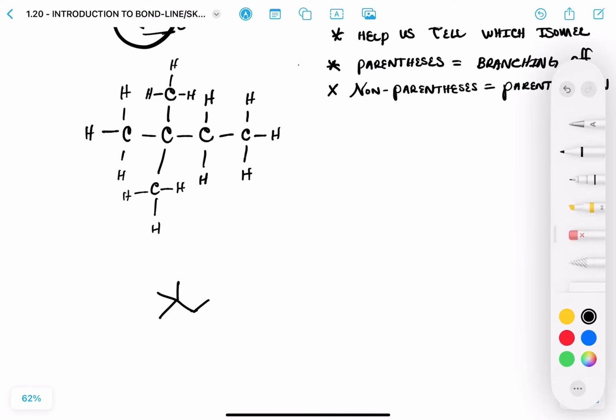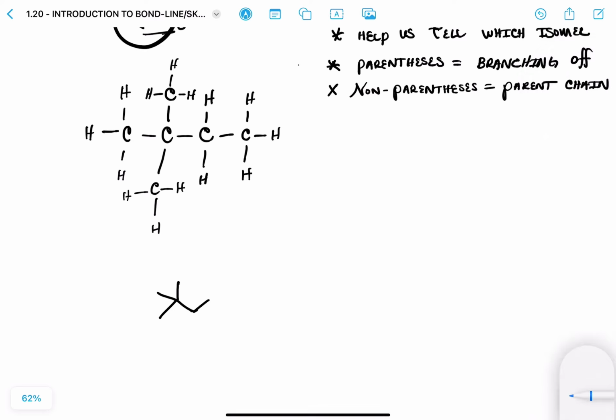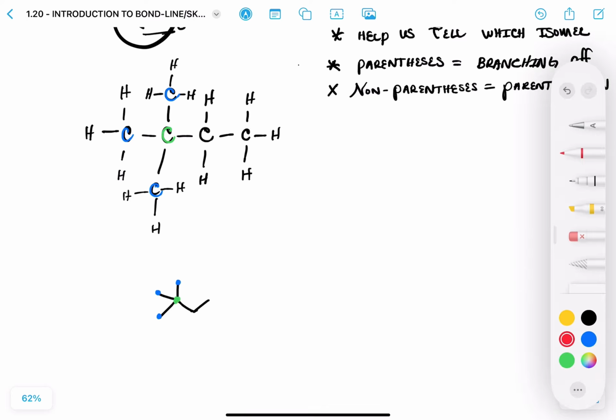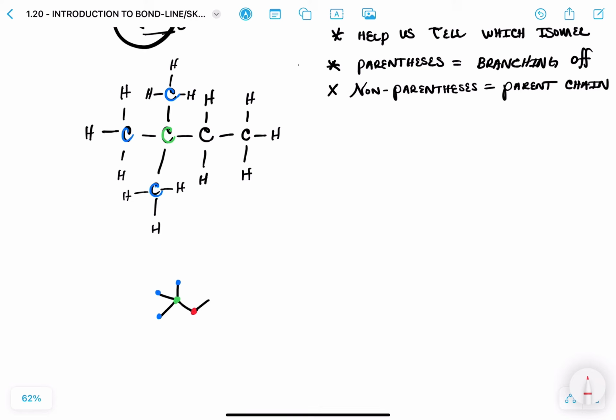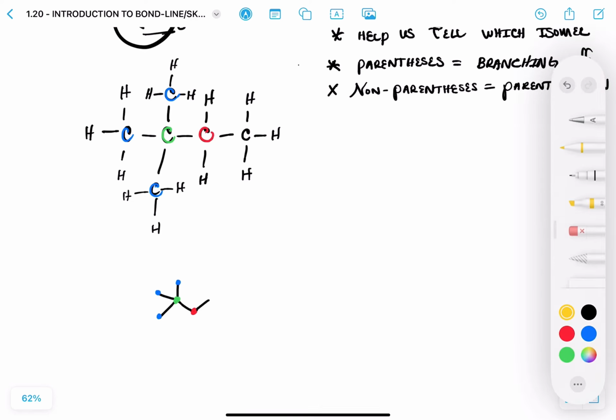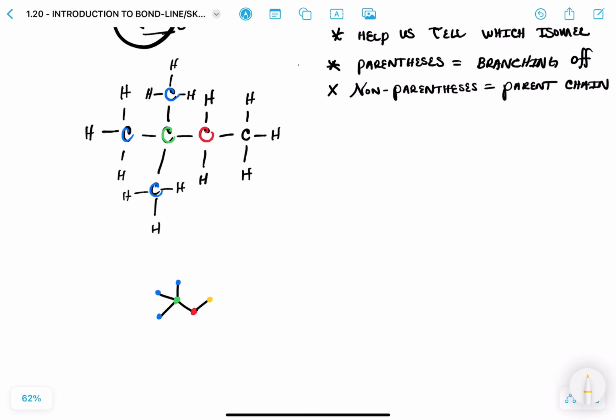And I'll go ahead and go through and color the carbons. All of the carbons in blue will be these guys. I'll go ahead and put this green carbon in the middle, and then this red carbon will be here, and lastly this yellow carbon is there.